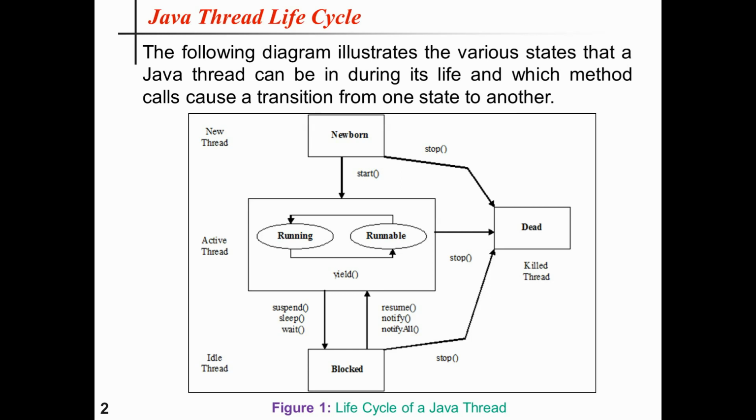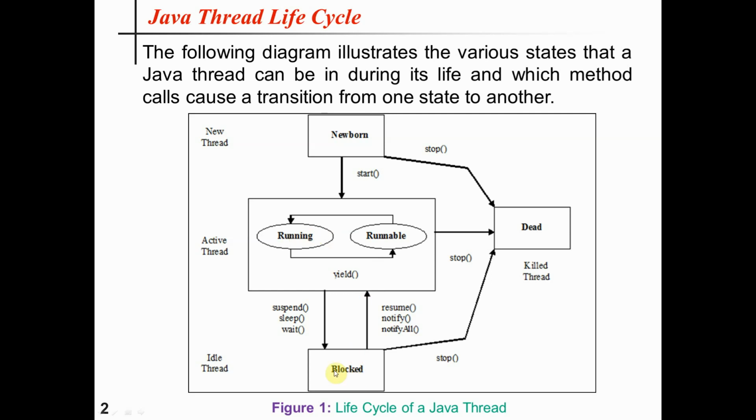Number one, newborn state, this one. Then comes runnable or ready to run state, that is this one. It is the second one. Third is running state. Number four is basically blocked state, and it will have 5 types: waiting, sleeping, suspended, blocked on IO, and blocked on synchronization.